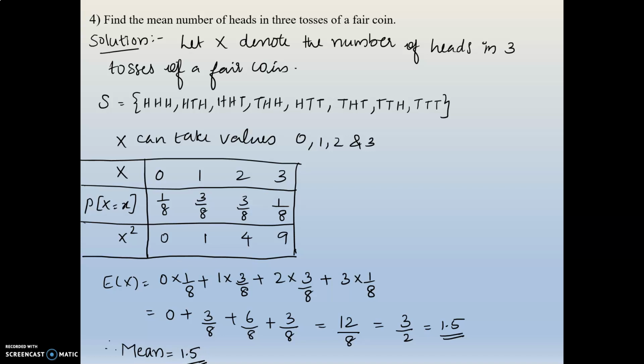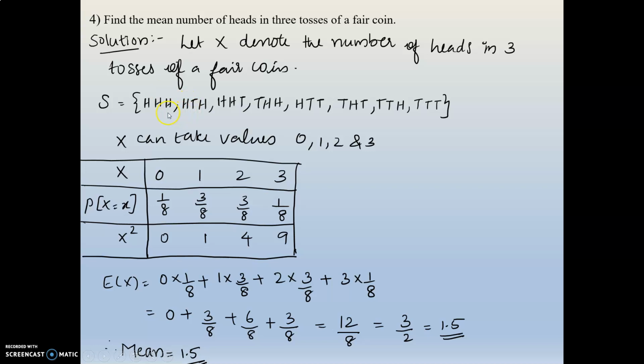Next question is, find the mean number of heads in 3 tosses of a fair coin. So in this question, it is given that number of heads in 3 tosses of a fair coin. So let x denote the number of heads in 3 tosses of a fair coin. We can write the sample space to understand it in a better way.